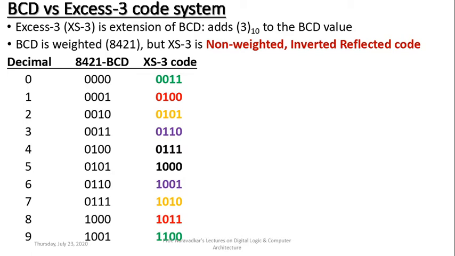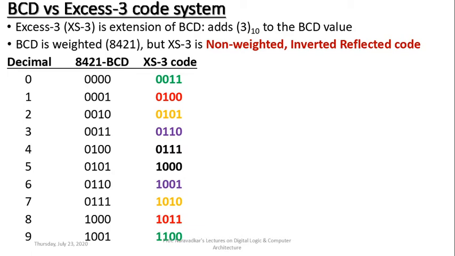Similarly, the red colored entries: 0100, second from the top, and second from the bottom, shown by red color, 1011. Again, these are inverted codes.